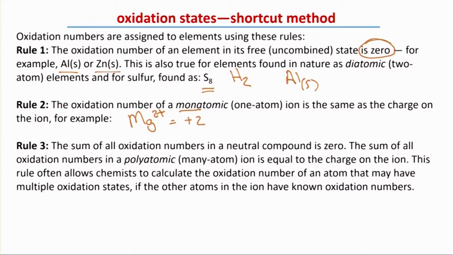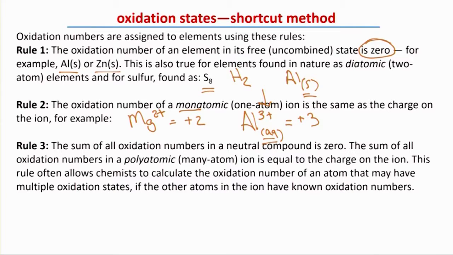If you have aluminum this time in solution, Al3 plus aqueous, okay, do you see a difference between aluminum solid, that's just solid metal, versus aluminum aqueous in solution? Okay, there you can tell by its state, and you can tell that this one has a charge here. So whatever the charge is for this ion, that would be its oxidation number.